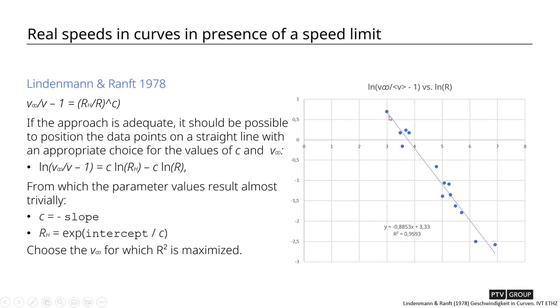So I did that and just tried various v infinite values until I found a maximized r squared value. And then I used the v infinite and c and RH value, which resulted in this approach.